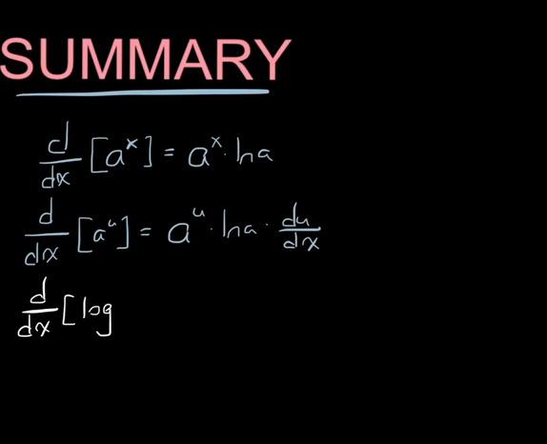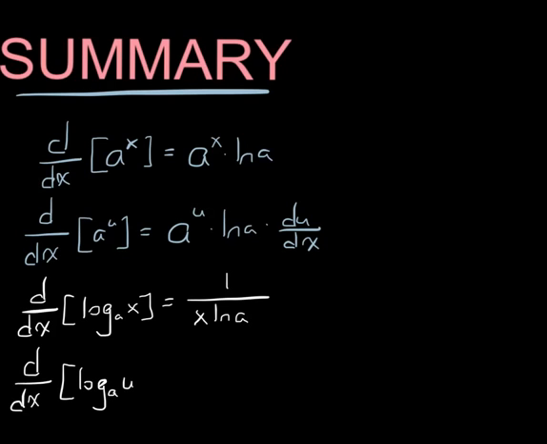So we have log base a of x. That derivative will be 1 over x ln a. But if we had log base a of u, where u is some function of x, that's now 1 over u ln a, again times the derivative of u.